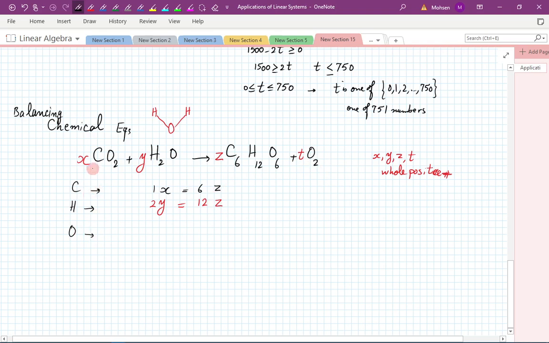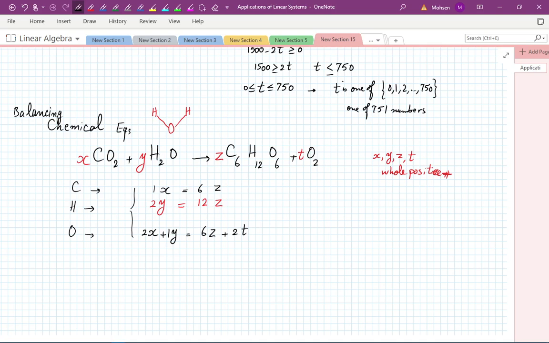So on the left, I have 2X, and then I have 1Y, and then on the right, I have 6Z, and then I have 2T.